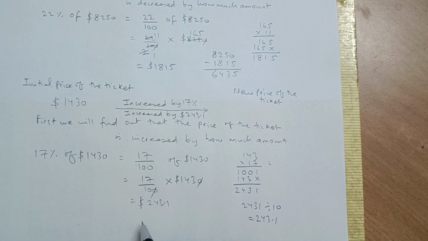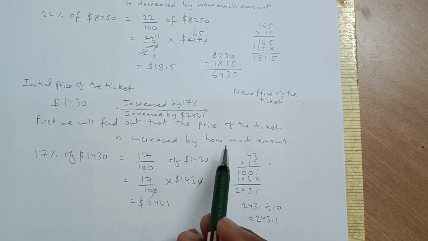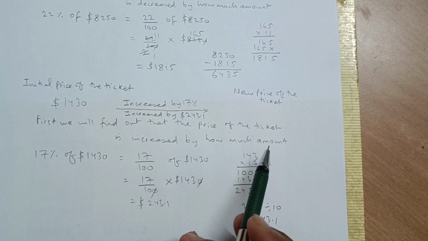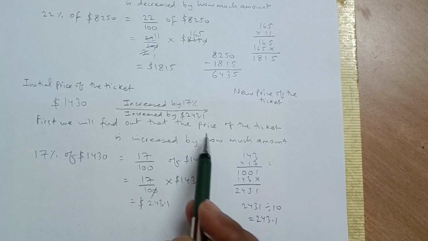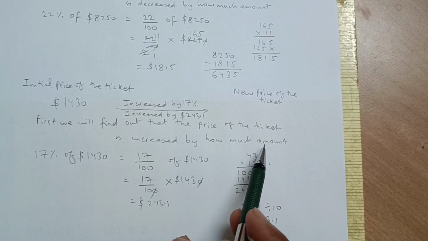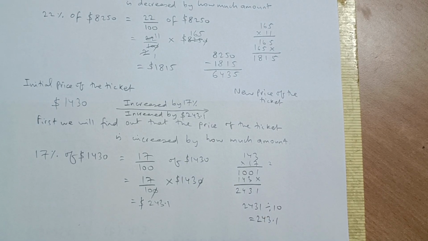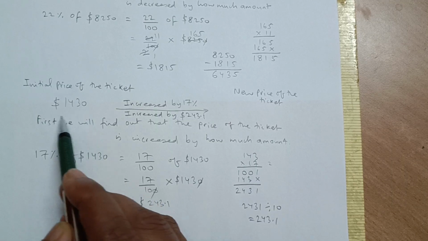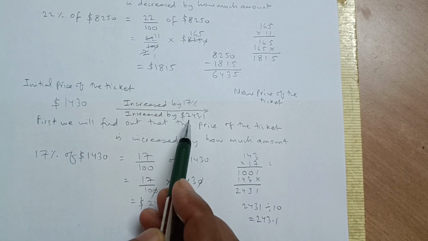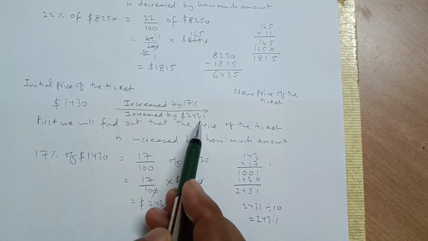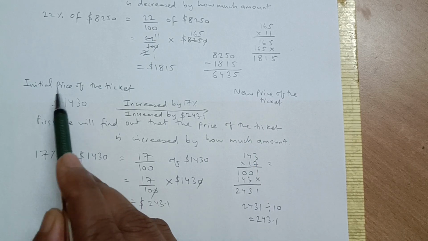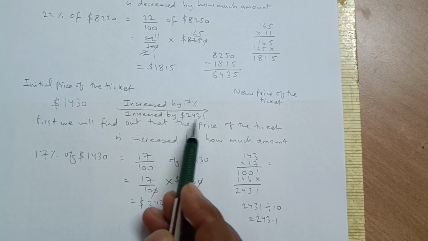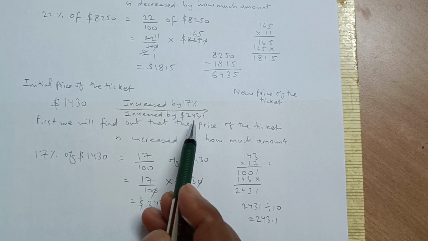So we have calculated that the price of the ticket has been increased by $243.1. This is the initial price of the ticket, and the price has been increased by $243.1. So what is the new price of the ticket? It is the initial price of the ticket plus the value by which the price has been increased.